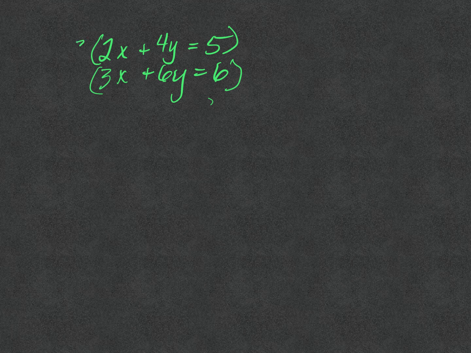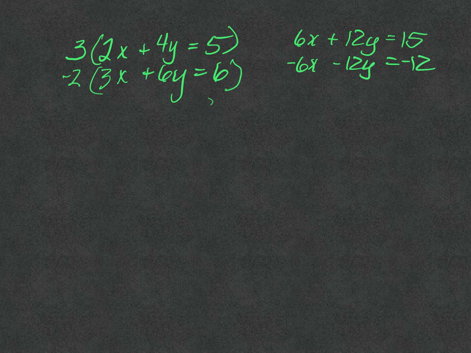So I'm going to multiply this equation by 3, and it will become 6x plus 12y equals 15. And then the next equation I'm going to multiply by negative 2, which will give me negative 6x minus 12y equals negative 12.